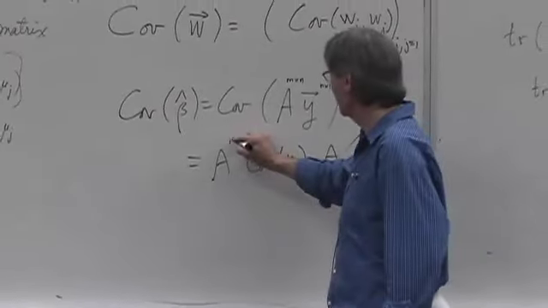This is m by n. This is n by n. This is n by m. So it has the right scaling and brings in the covariance of Y. That is the correct formula, where A is whatever we use, X prime X inverse X prime. You have to derive this formula, but this is an identity. You can go through the definition and do it.